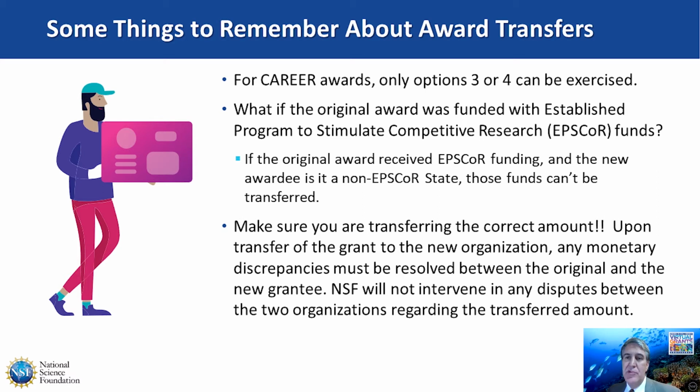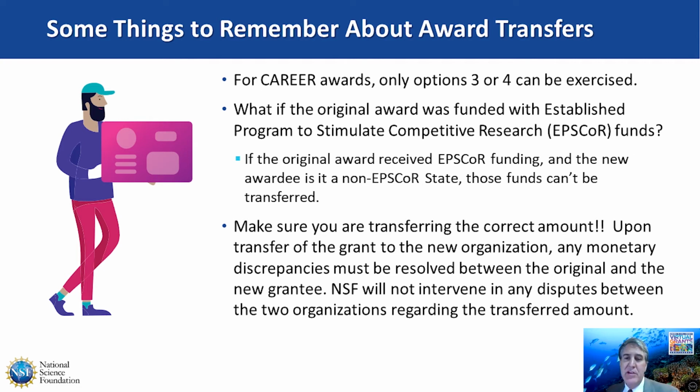FastLane will allow you to include that in your transfer requests, but DGA will actually get error messages and won't be able to approve it. So you have to be aware of whether you're in an EPSCoR state or a non-EPSCoR state in the transfer back and forth. We can transfer anything to an EPSCoR state. We just can't transfer money that's EPSCoR funds from an EPSCoR state to a non-EPSCoR state.